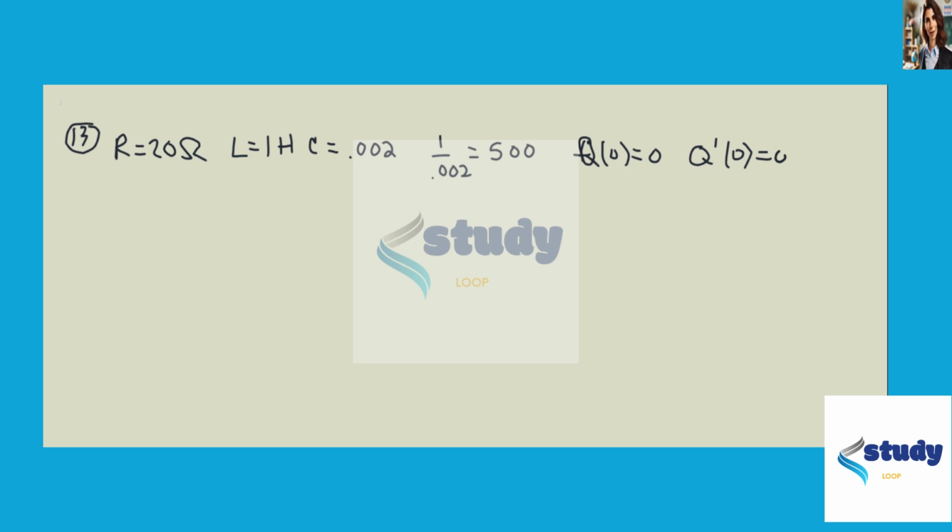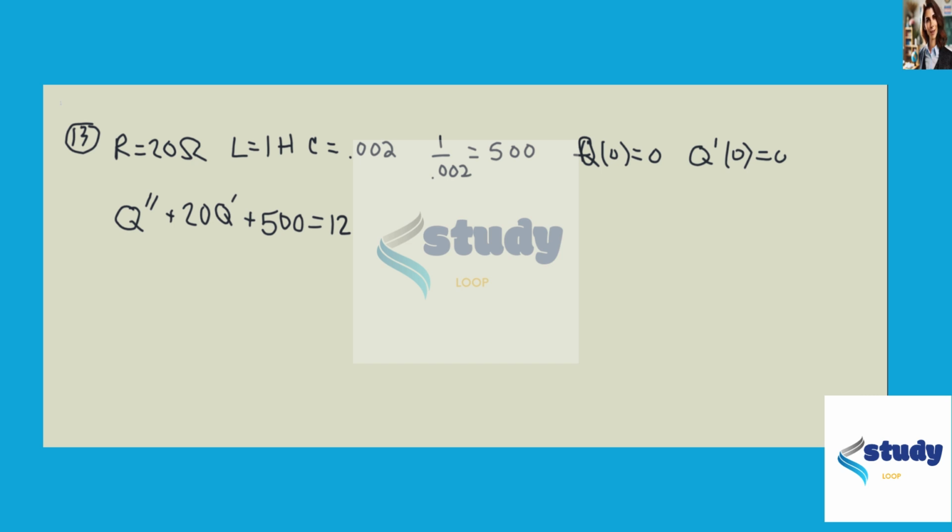So first I want to get my general equation, and I have Q double prime plus 20 Q prime plus 500 Q equals 12 volts, which is just 12. So I use my quadratic formula to solve that.